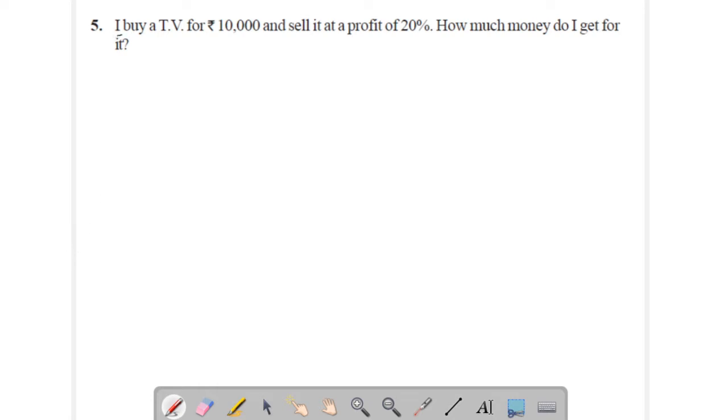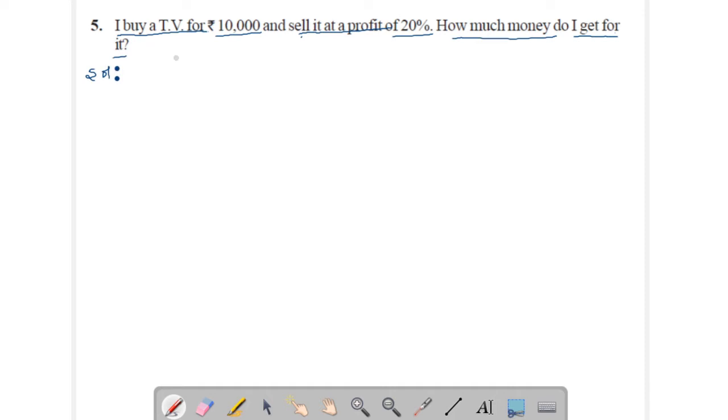I buy a TV for rupees 10,000 and sell it at a profit of 20%. How much money do I get for it? See the solution.